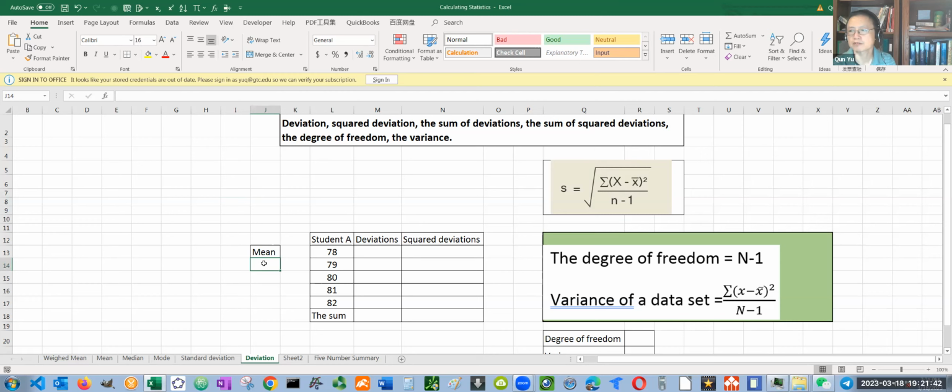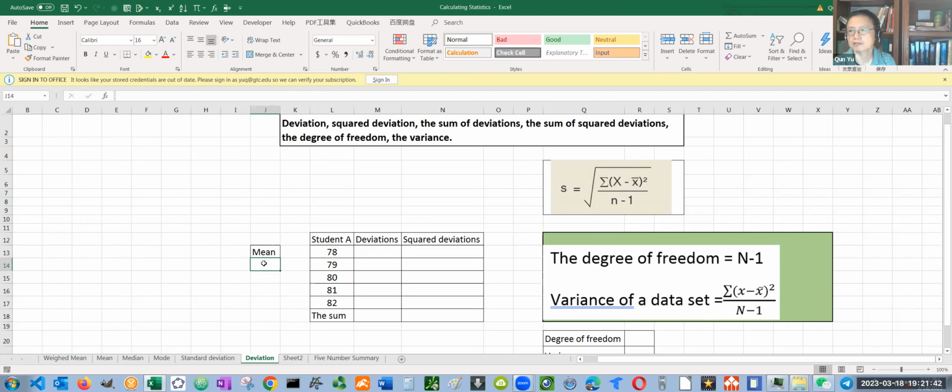Equals, click on this cell that contains 78 minus, and at this point, you have 2 different ways to subtract 80. Either you type it, and that's the easiest way, or you click on it. But if you click on it, you have to insert a $ sign in front of the column letter and row number, for example.